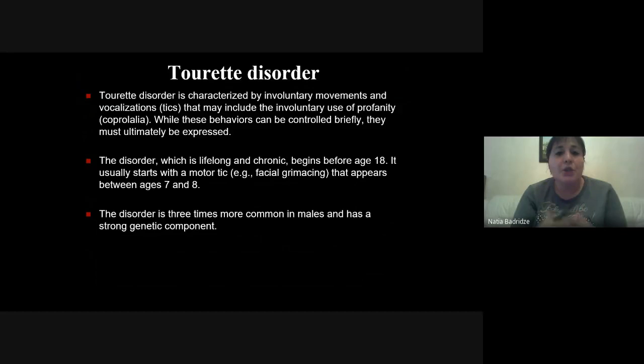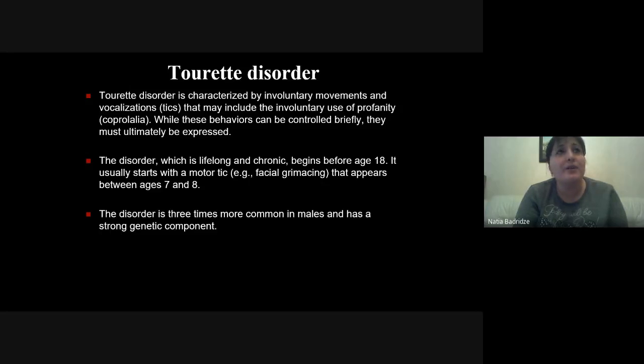So Tourette disorder is a lifelong, chronic disorder. It begins before the age of 18. It starts with a motor tic, with facial grimacing, and then it turns to vocalization. These are involuntary motor tics. The person cannot control these motor tics and vocalizations, and it is very disturbing to the patient.